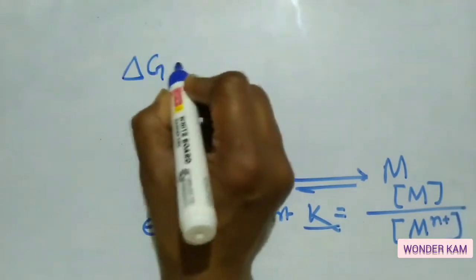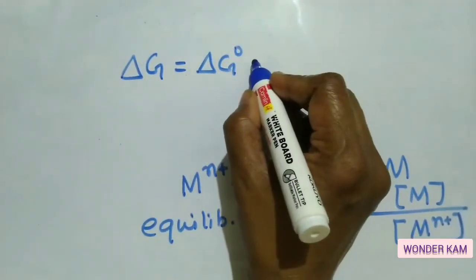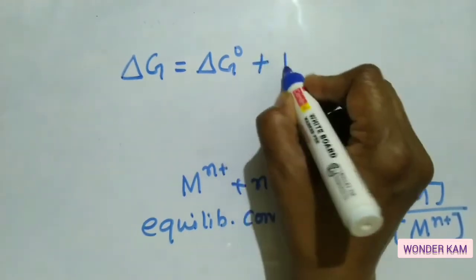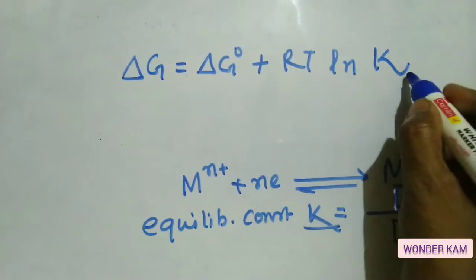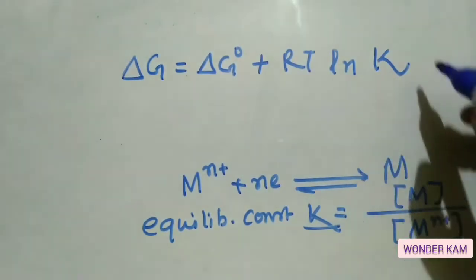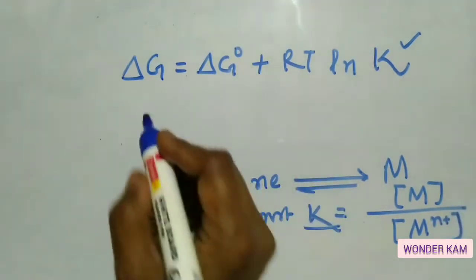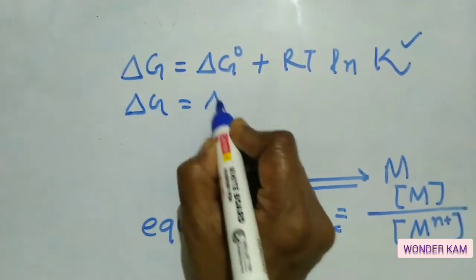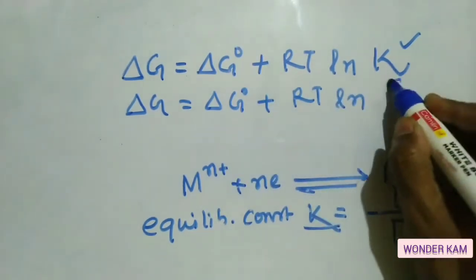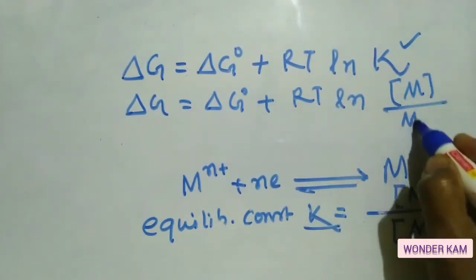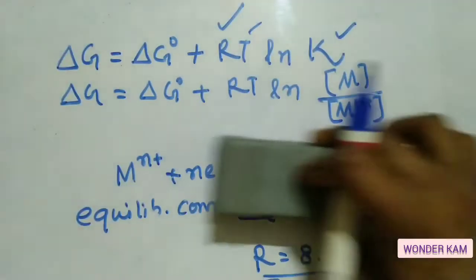In the last video we discussed ΔG = ΔG° + RT ln K, where K is the equilibrium constant. By putting the value of K here, we have ΔG = ΔG° + RT ln [M]/[M^n+], where R is the gas constant.